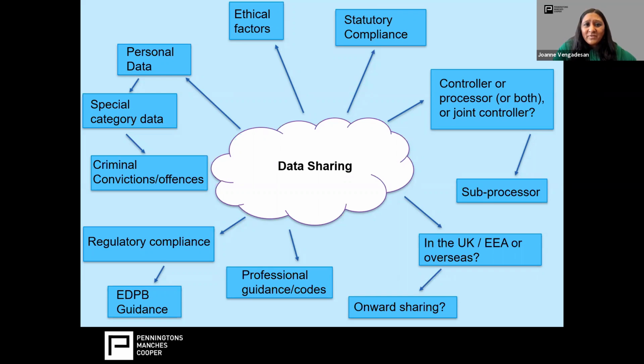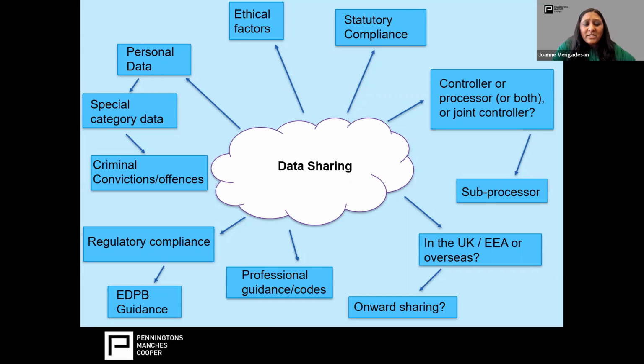What is the context of the data sharing in terms of what the parties are going to be doing with that data? And here we've got the concept of, from a UK perspective or GDPR perspective, is one of the parties sharing the data the controller, and is the other party the processor, or are both controllers, or are they in fact what constitutes a joint controllership?